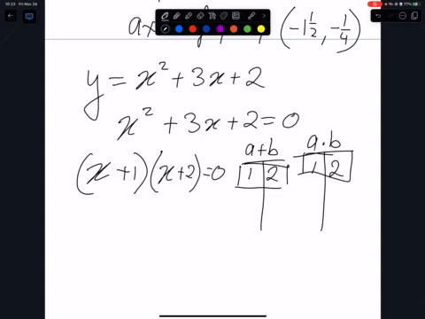Something multiplied by 0 is 0, so one of them equals 0. How do you write it?